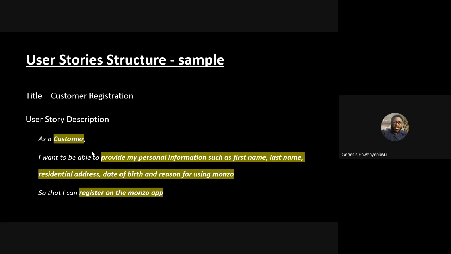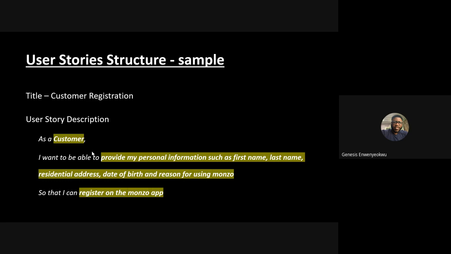What is the result, the value or benefit? Register on the Monzo app. So they want to perform the task of providing their personal information so that they can register on Monzo.